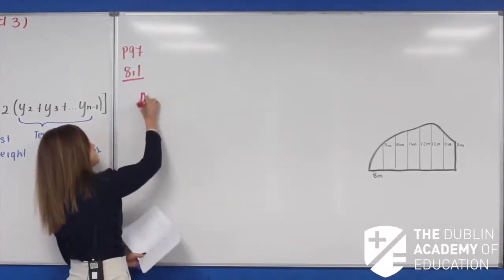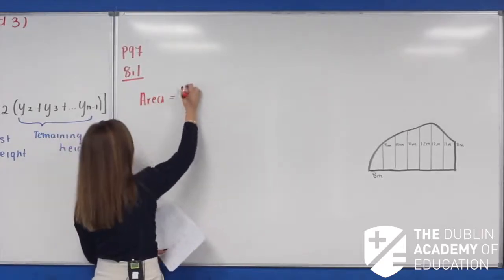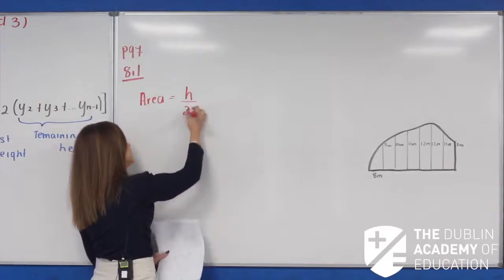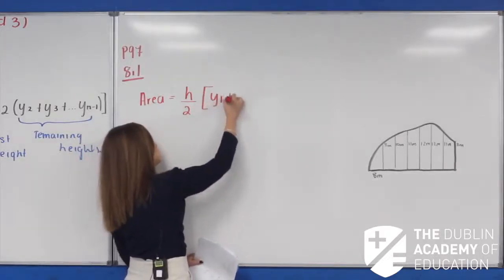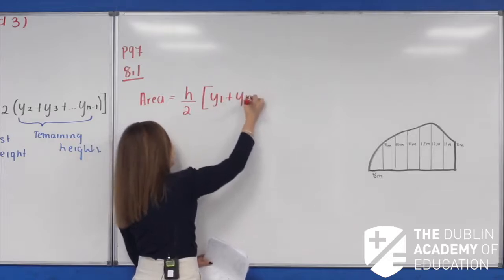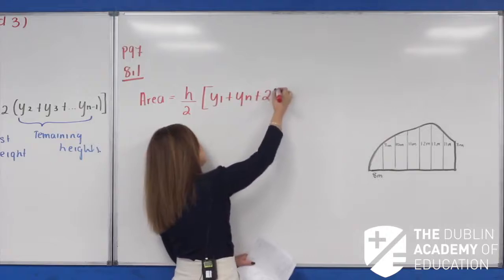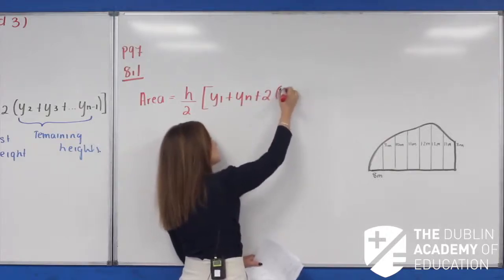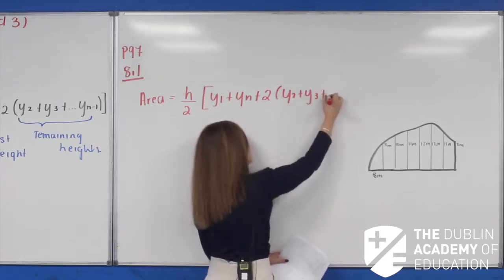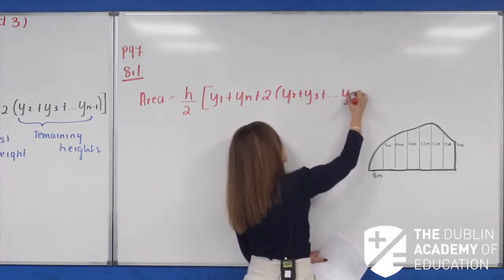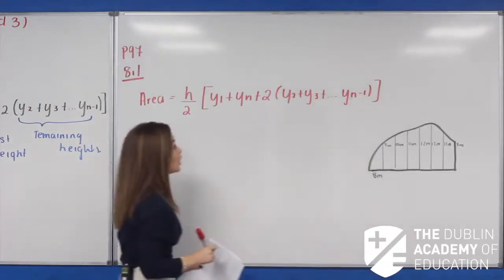So our formula for the area is equal to h over 2, bracket y1 plus yn, so my first term plus my last term, plus 2 times bracket y2 plus y3 plus everything in between, up as far as your second last term.